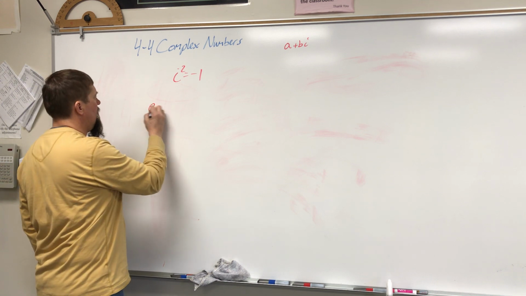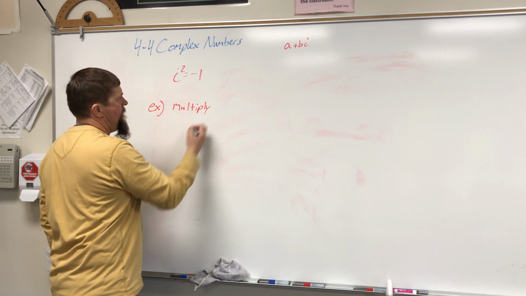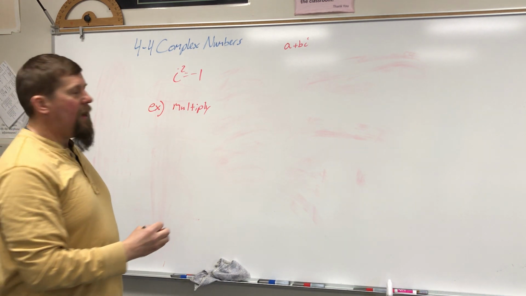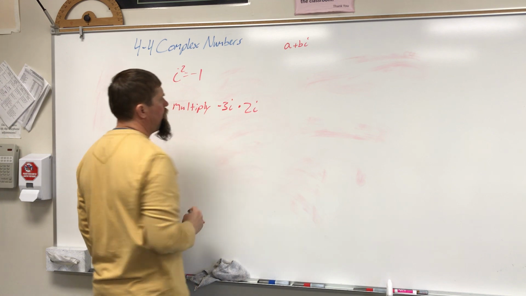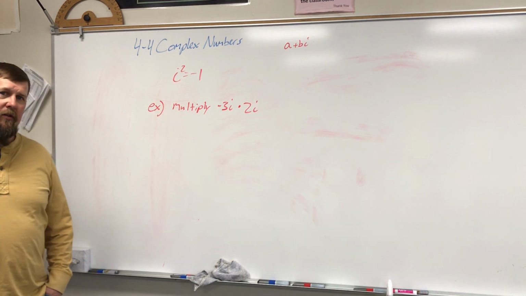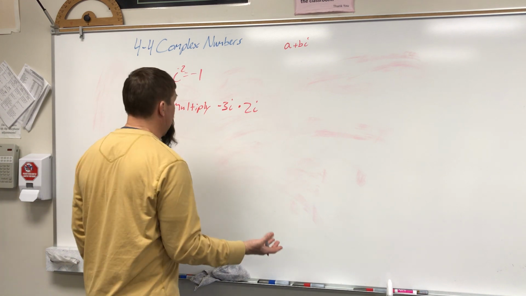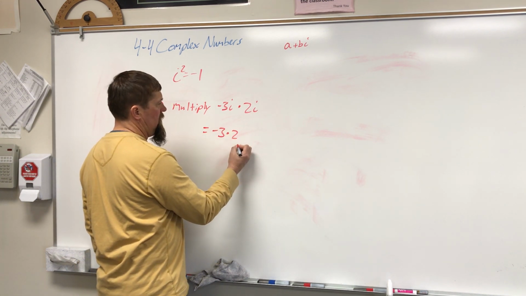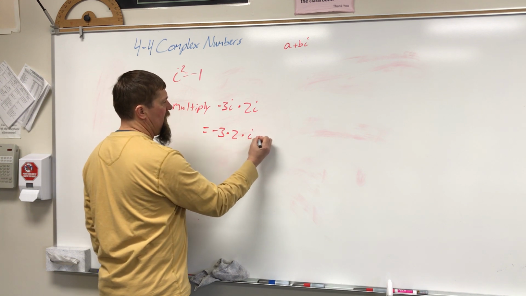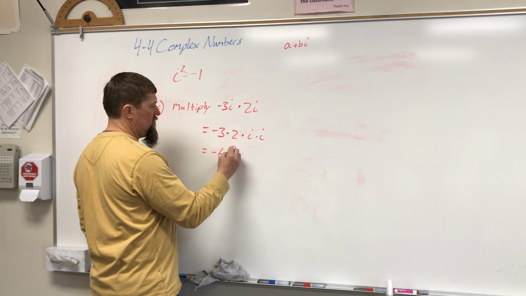Okay, so for example, if I multiply negative 3i times 2i, well, this is just like multiplying two numbers with a variable, actually. It's the same as negative 3 times 2 times i times i. So this is negative 6i squared.